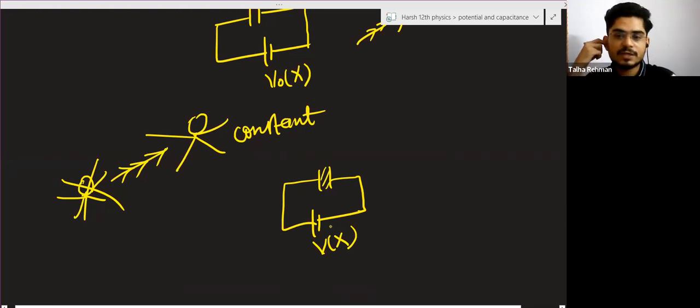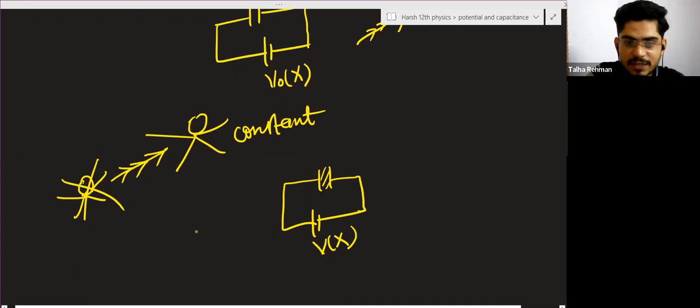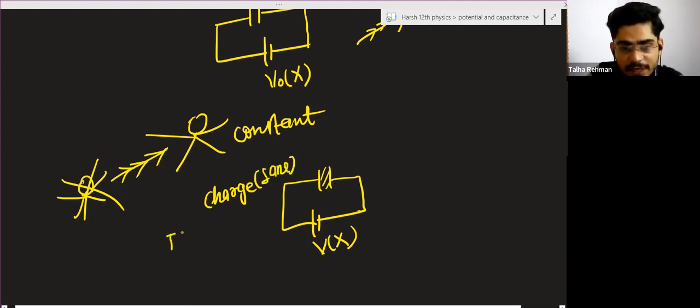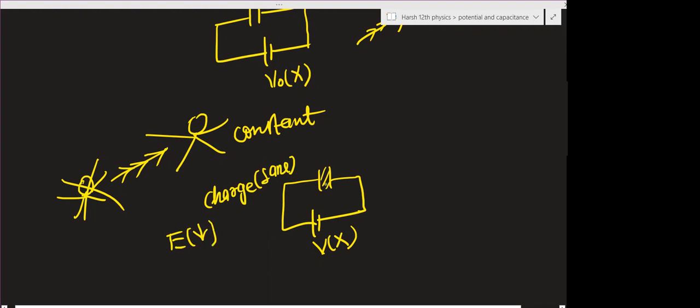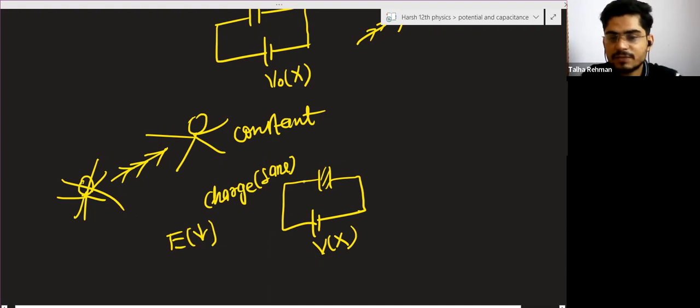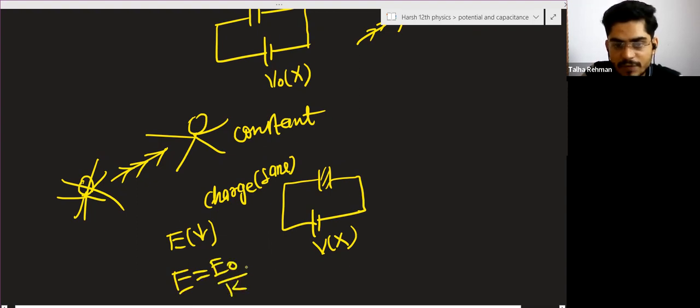In this case, charge will remain the same, but the energy will decrease. Why will the energy decrease? Due to this dielectric, we have discussed that the electric field will decrease. The electric field will become E naught by K. If the electric field decreases, it means the energy decreases.